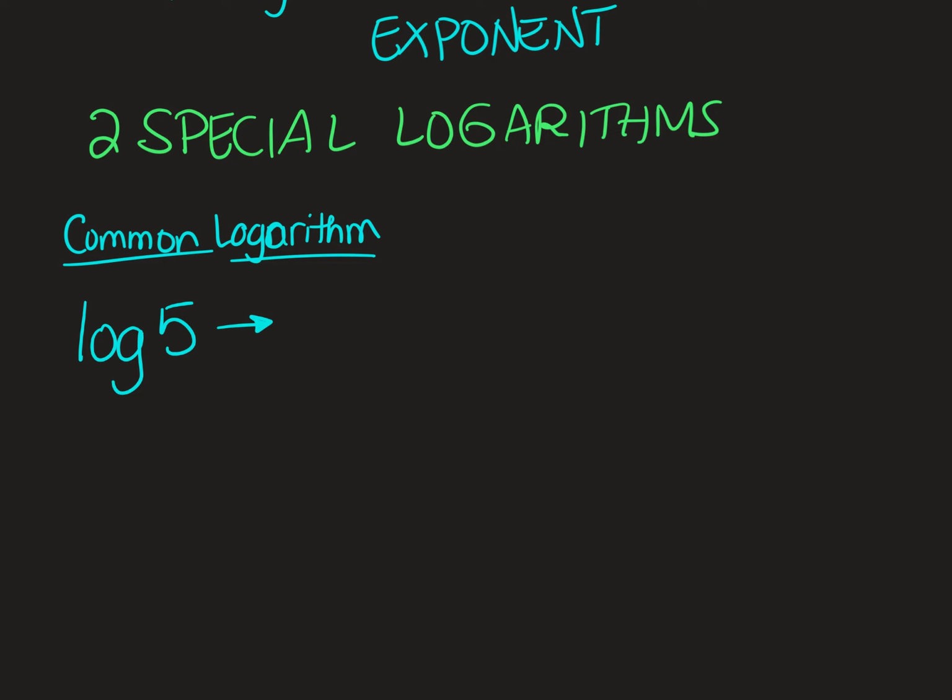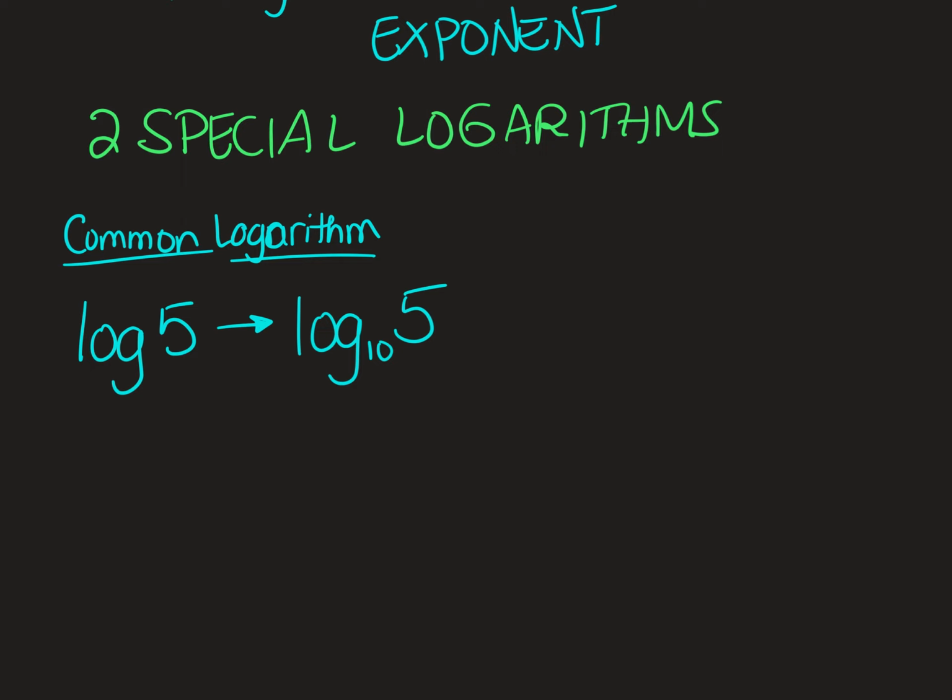What that implies is the log that has a base of 10 of 5. So if the logarithm has a base of 10, you do not write the base. On your calculator, if you look at just the keys, not any of the menu items, you'll just see log of x. It doesn't have a base written.